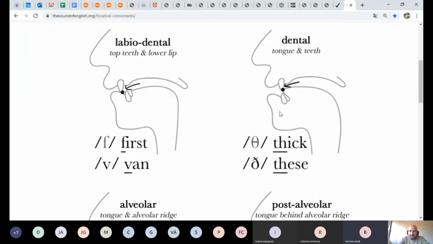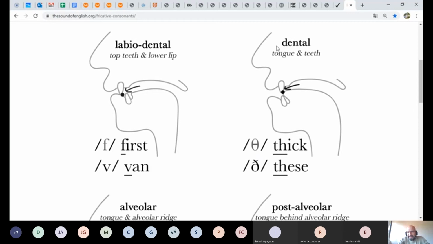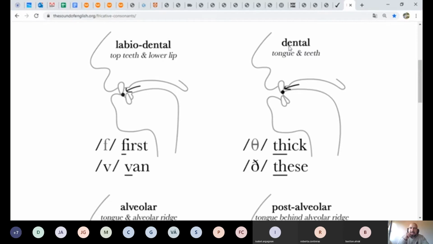Okay, so in this particular case, the two fricative sounds are both interdental sounds. Some phoneticians call them dentals. I prefer interdentals because it's clear that you refer to the tip of the tongue being inserted in between the teeth, the upper and lower teeth.